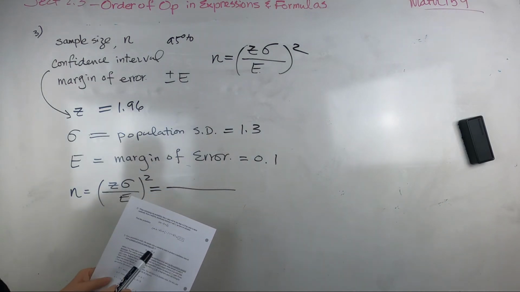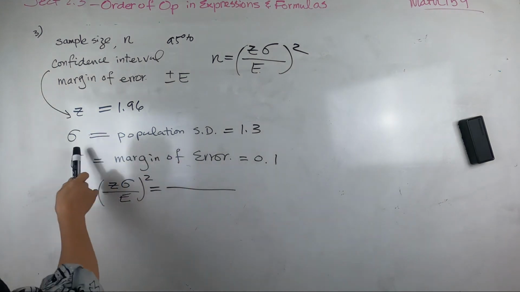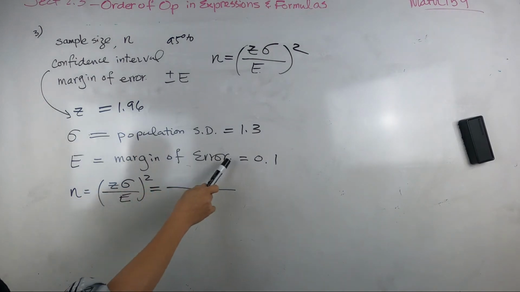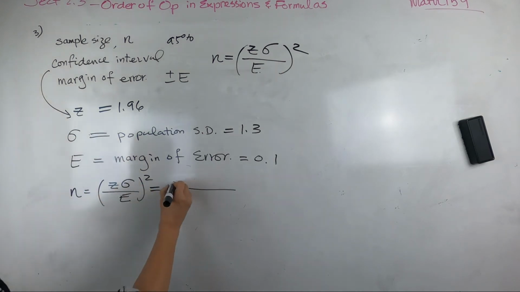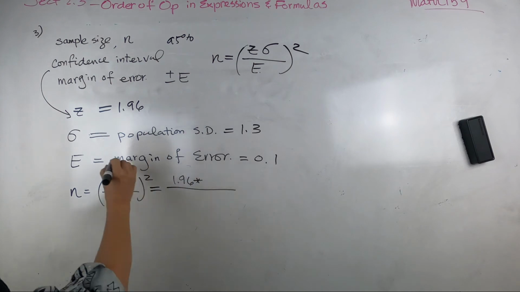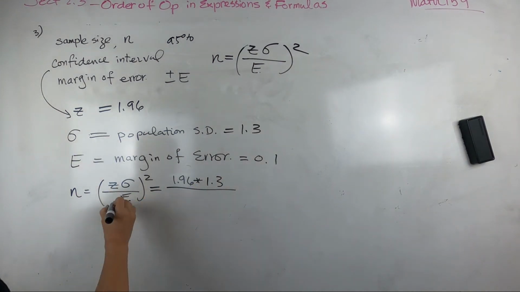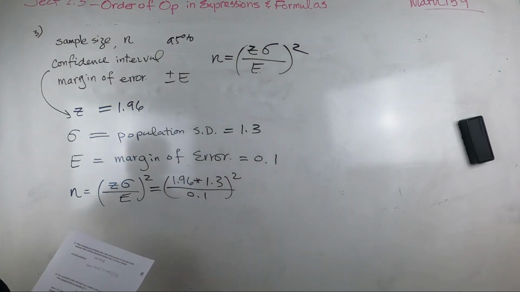Somewhere along the line, it will tell you the population standard deviation, sigma, is this number, and also tell you the E, the margin of error. So Z is 1.96, sigma is 1.3, and the margin of error E is 0.1, then you take a square.